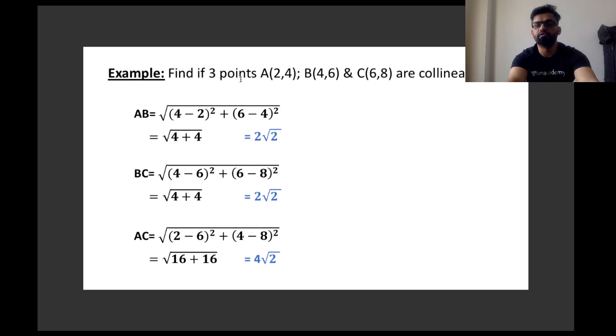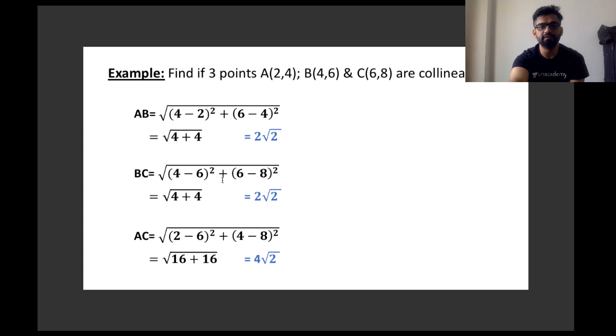For example, you have to find out if 3 points A (2, 4), B (4, 6), and C (6, 8) are collinear or not. What you're going to do is use the distance formula to find AB, BC, and CA. Then you're going to observe here that AB is 2 root 2 using the distance formula.